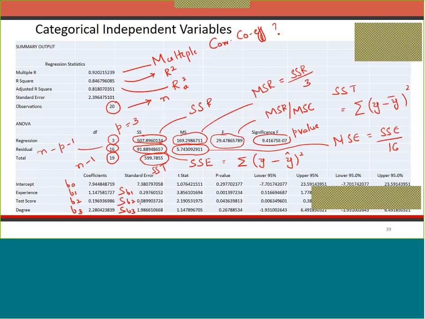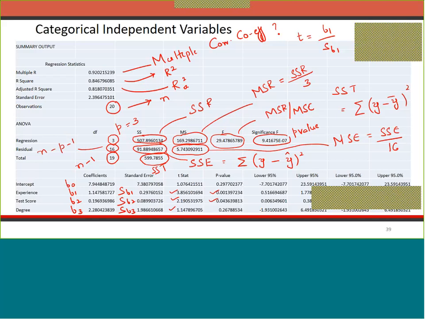Then you can calculate the corresponding test statistic, T equal to, for the first one, B1 by SB1. So then these are the T values. For the corresponding T values you have P values.